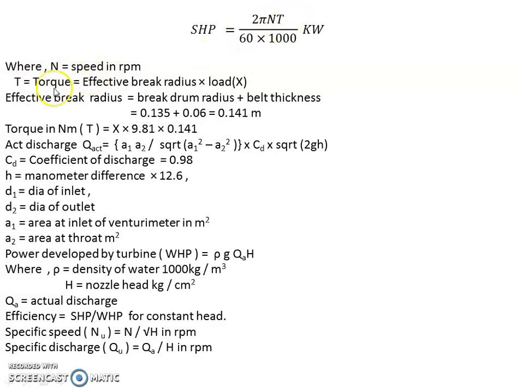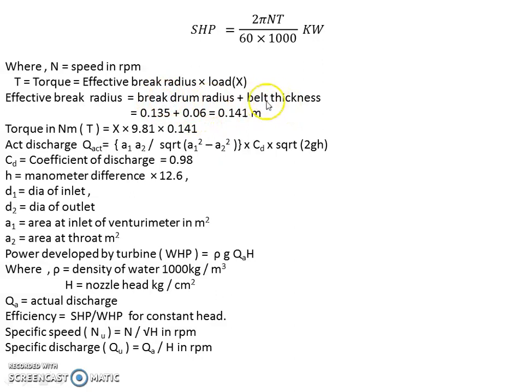T is the torque which has to be found out, and it can be calculated using the formula effective brake radius into load, that is denoted by x. And this effective brake radius can be calculated using the formula brake drum radius plus belt thickness.